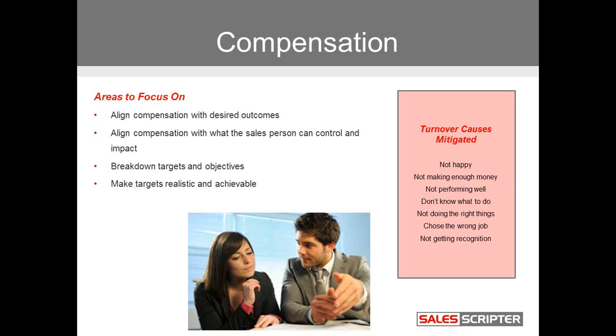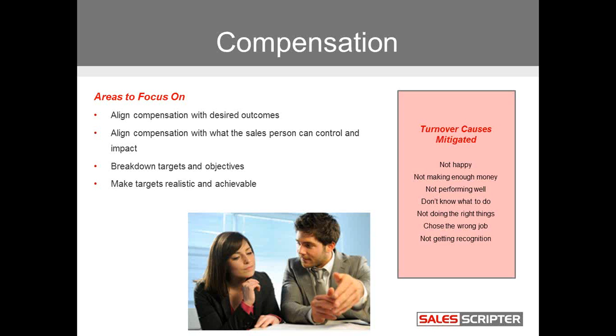So just really aligning those things, remembering we're coin operated, us as people. If you want your salespeople to perform a certain way to achieve a certain thing, just simply align their compensation structure with those desired outcomes. Making the compensation and targets focused on something that the salesperson can control and can impact.